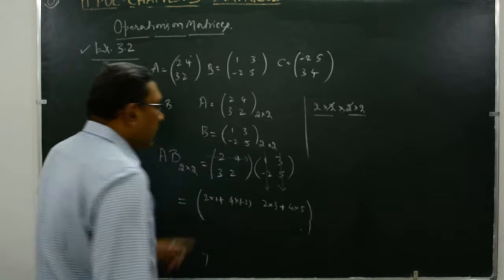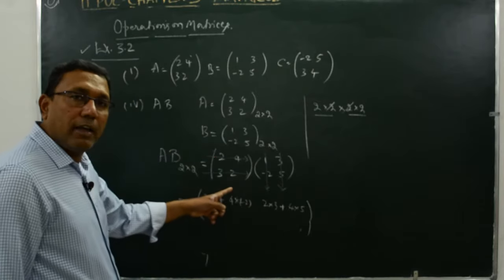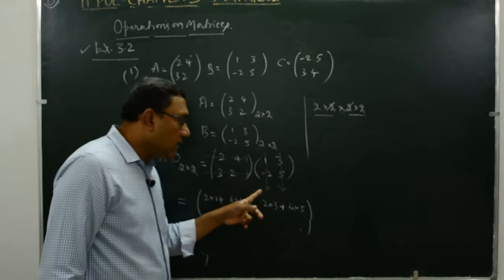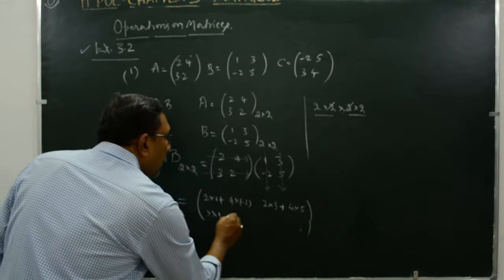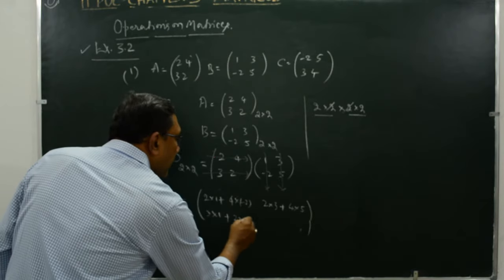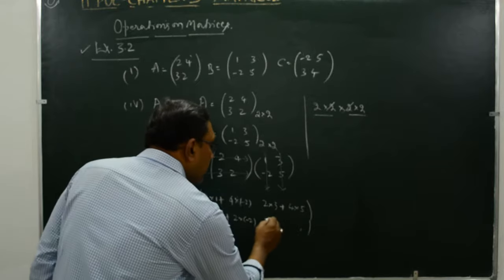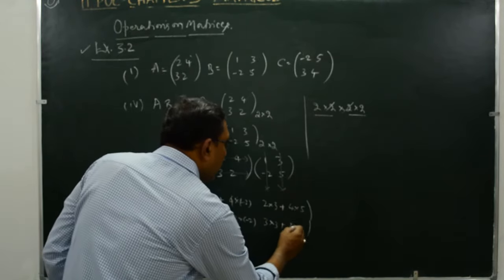In a similar way, the second row of matrix A, overlap it on the first column of B. What do we get? 3 into 1 plus 2 into minus 2. Here 3 into 3 plus 2 into 5.